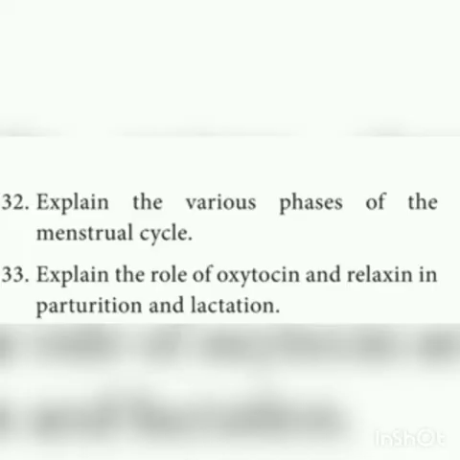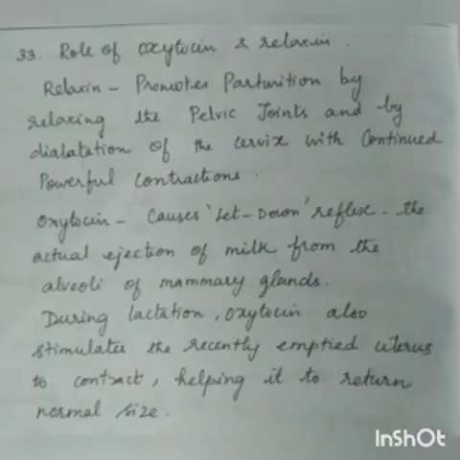Next question is, explain the role of oxytocin and relaxin in parturition and lactation. Oxytocin causes the let-down reflex. It helps in the contraction of the uterus, so rapid childbirth.